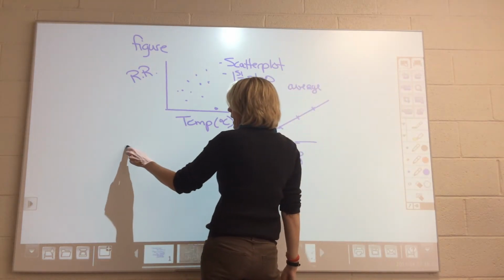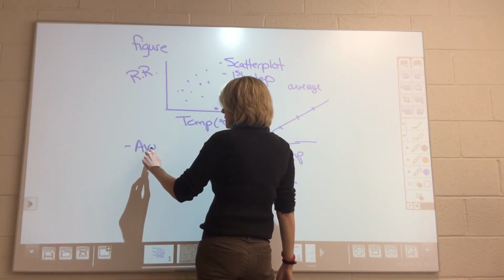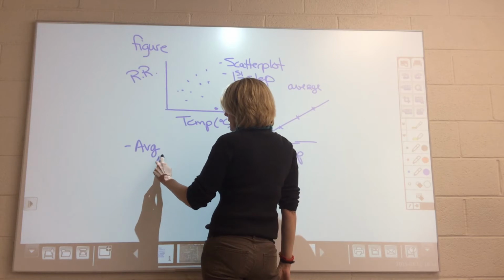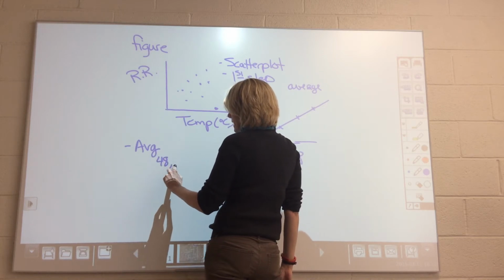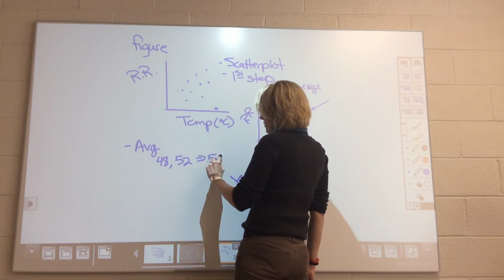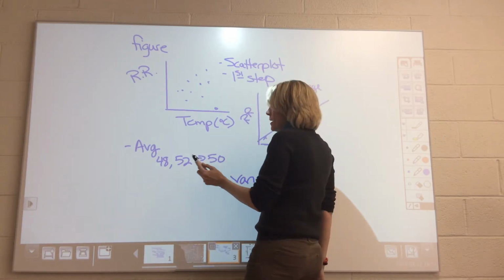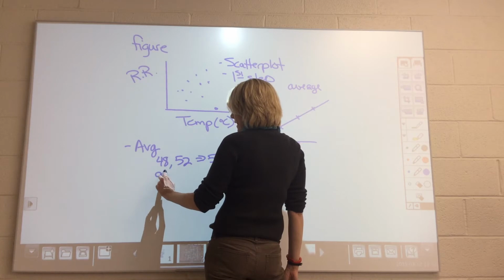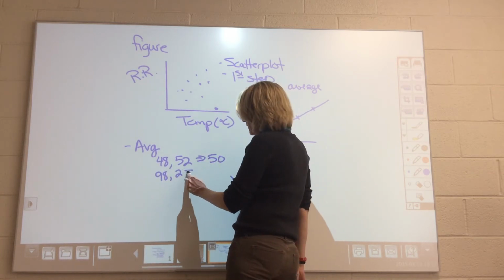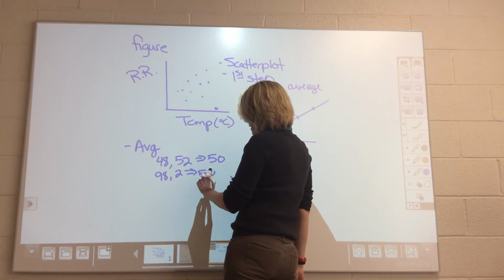So here's just a real obvious example. If you're looking at averages, and let's say you have a data set that has 48 and 52, and you take the average and get 50, right? But you could also have a data set that was 98 and 2, and if you take that average, guess what?